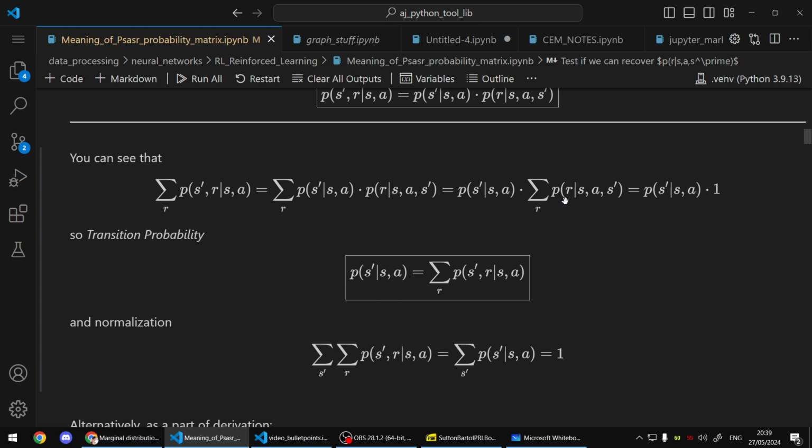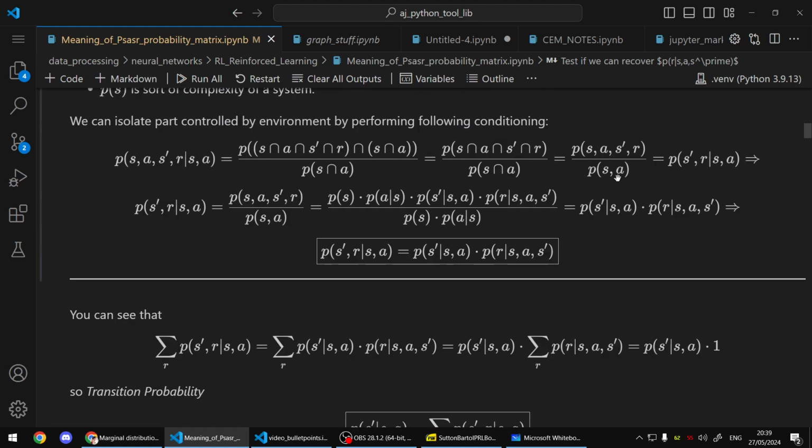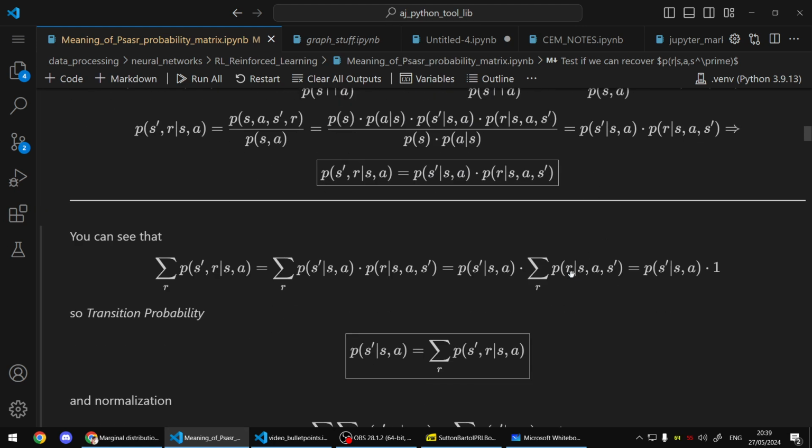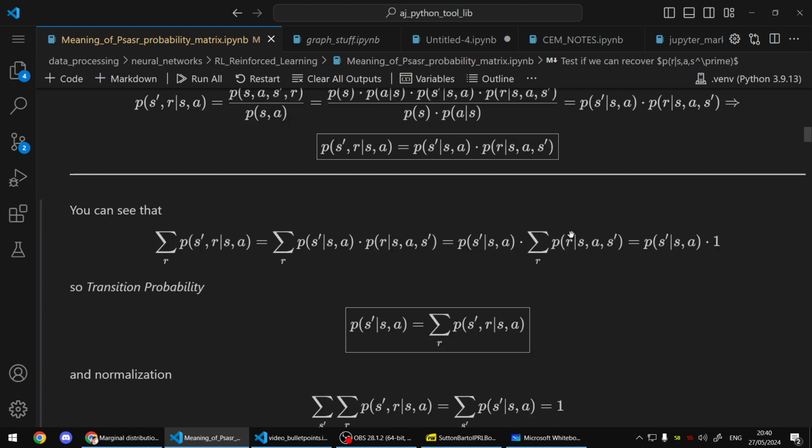What was a bit confusing for me is the question of normalization in general. But what I understand now, by looking at an expression like this, is that when you have something conditioned, this probability will be normalized up to the R dimension, if we are talking about keeping these probabilities in the matrix.